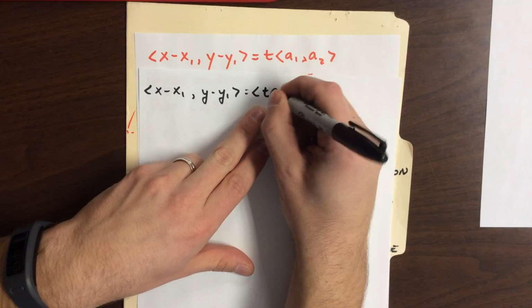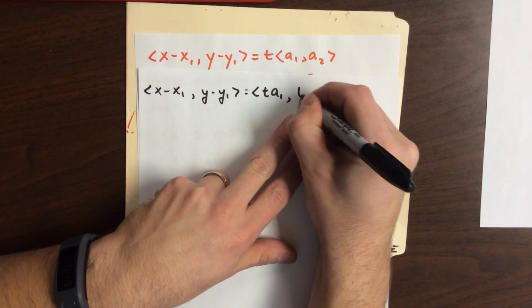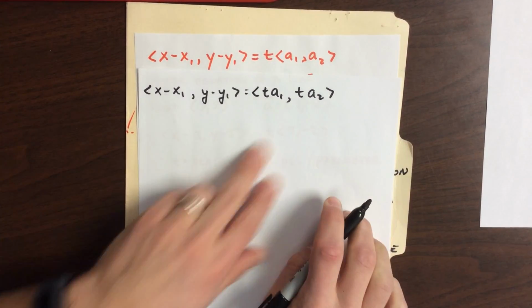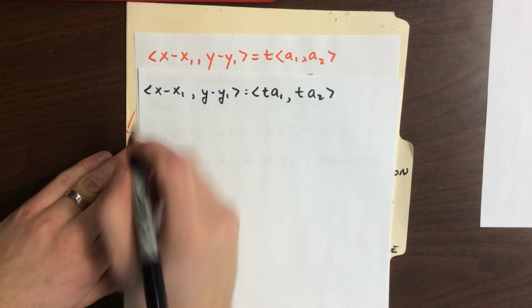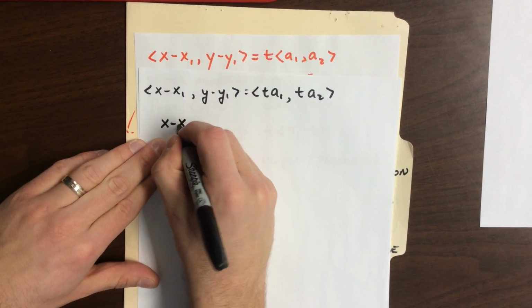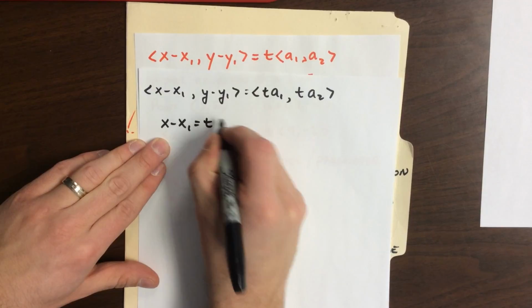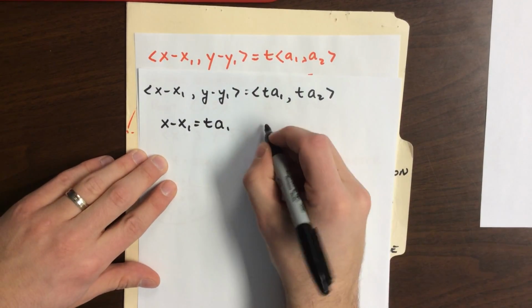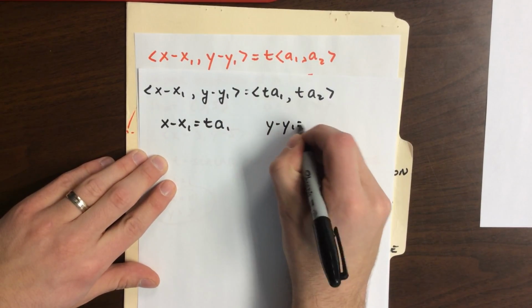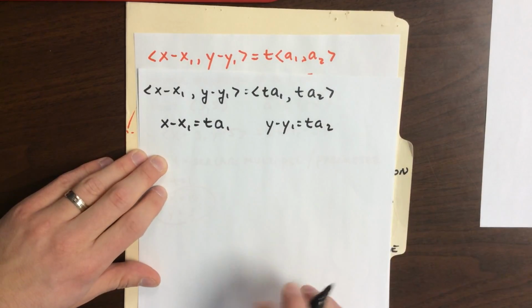That is t times a1, that is t times a2. Since those two are equal, I've got x minus x1 equals ta1, and y minus y1 equals ta2.